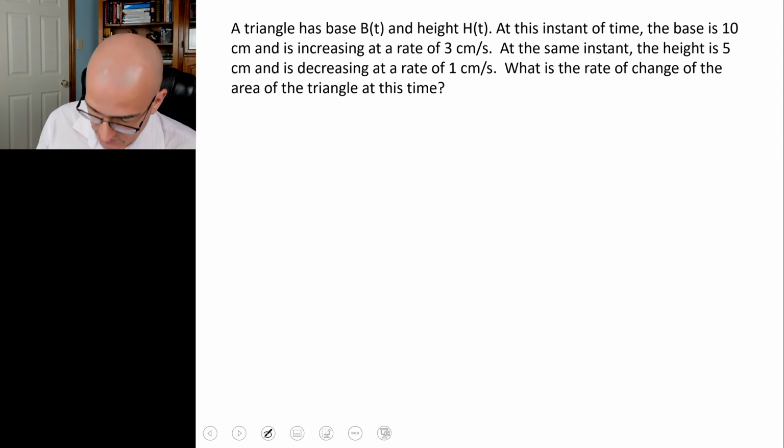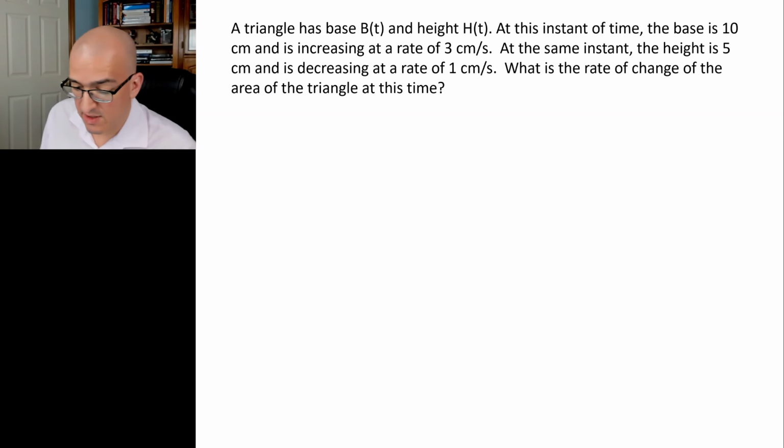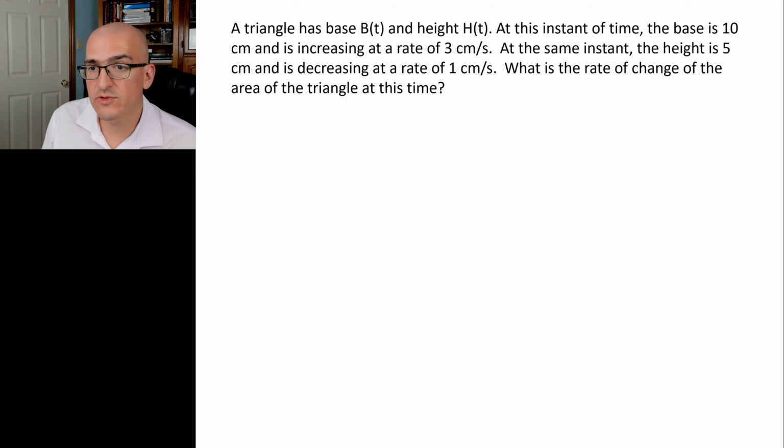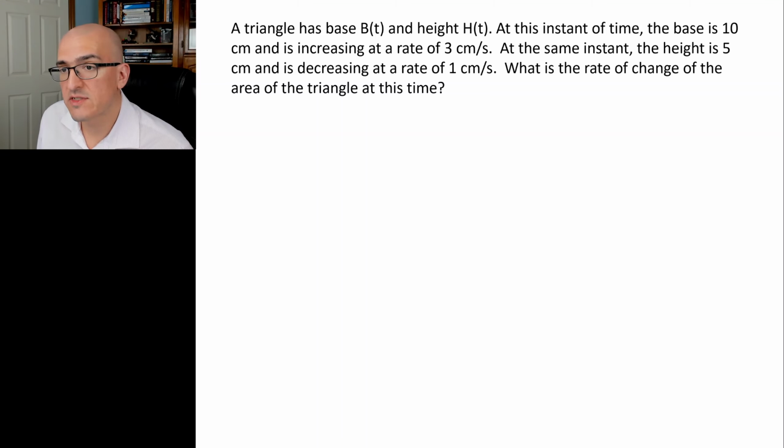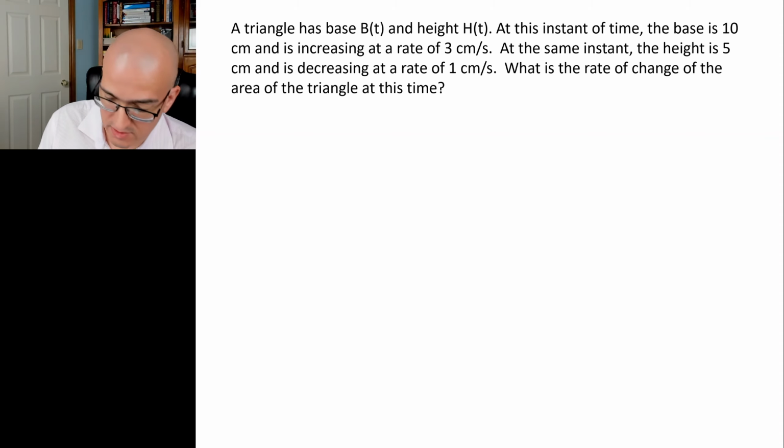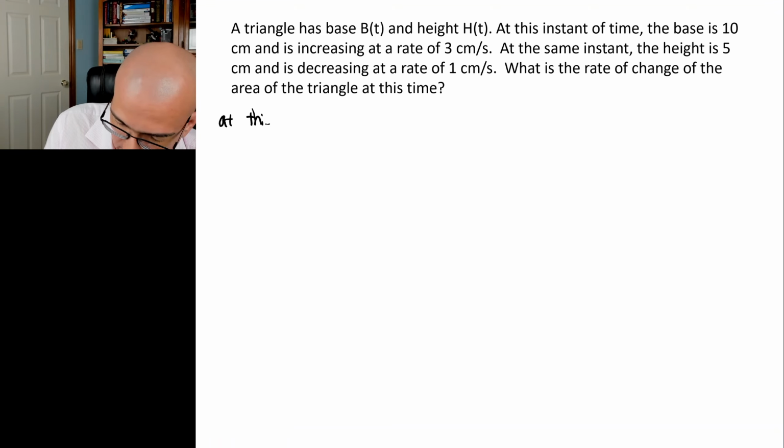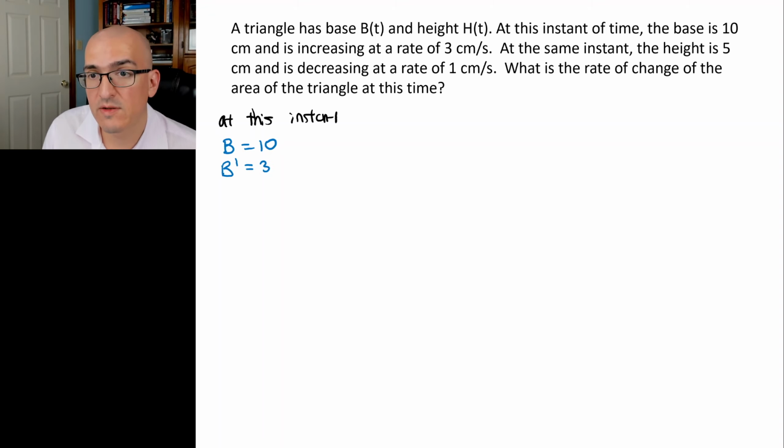So let's look at this one. A triangle has a base b of t and a height h of t, so it's explicitly telling you that those 2 quantities are changing. At this instant of time, the base is 10 and is increasing at a rate of 3. b prime is equal to 3, so something increasing, positive rate of change, so b prime is 3.